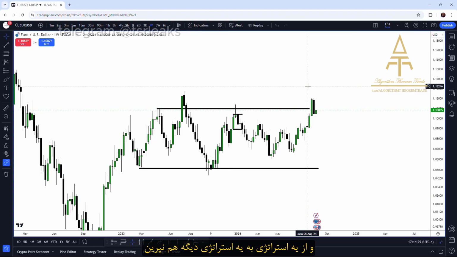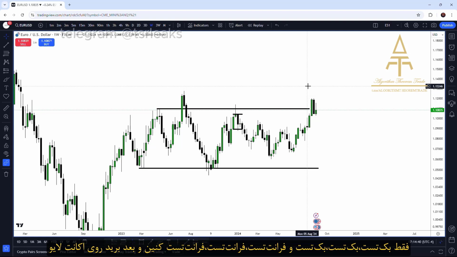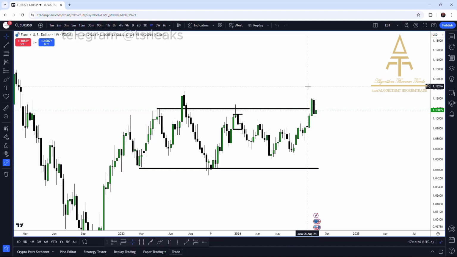And don't start strategy hopping either. When you have a working model, you stick to it. You stop watching videos. You backtest, backtest, backtest, front test, front test, front test, and move to a live account. That's enough for my rant.